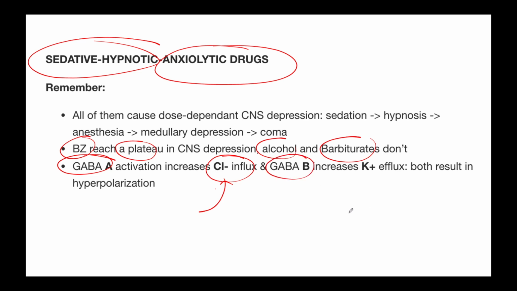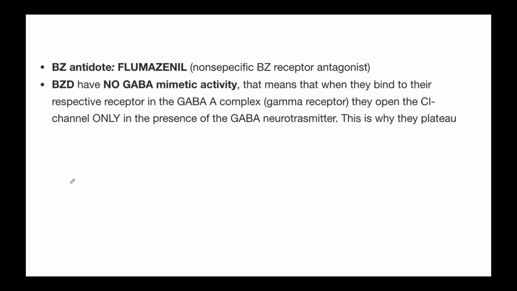GABA B increases potassium efflux, and both will lead to hyperpolarization. That is what you need to remember. And what is the benzodiazepine antidote, doctor? Flumazenil. It is a non-specific benzodiazepine receptor antagonist. And benzodiazepine has no GABA mimetic activity.